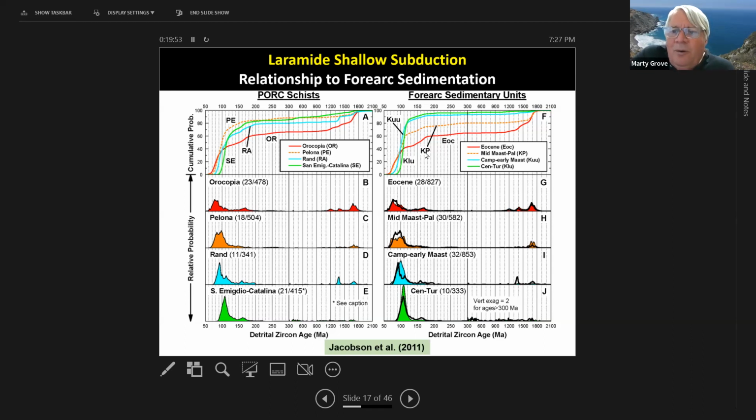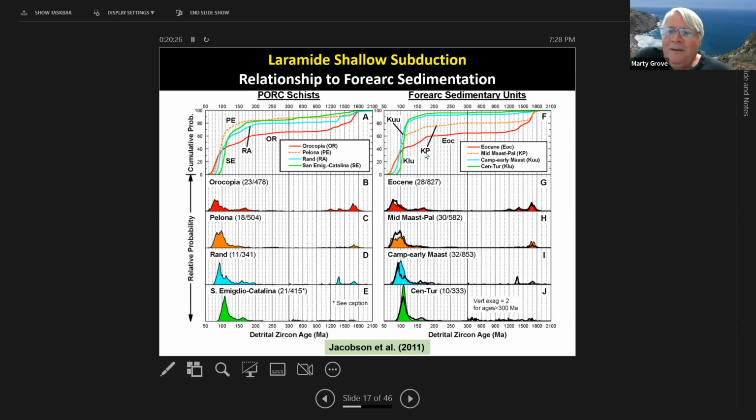on coeval rocks from the Southern California forearc. And as you can see from this collection of data right in here, the schist in this oblique section from the southern Sierra Nevada into southwestern Arizona is accreted or appears to be accreted at progressively younger times. And as it's accreted, it's becoming more cratonal through time.